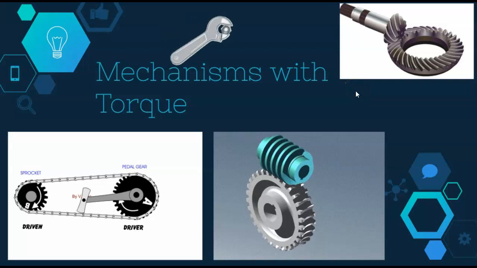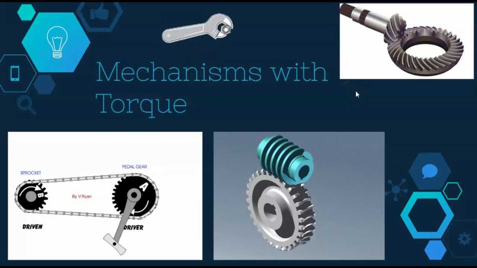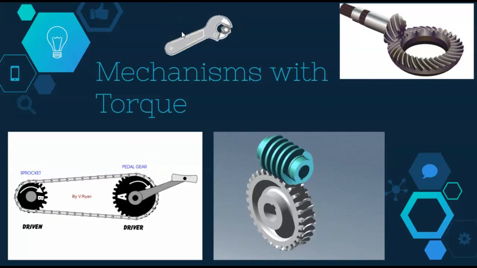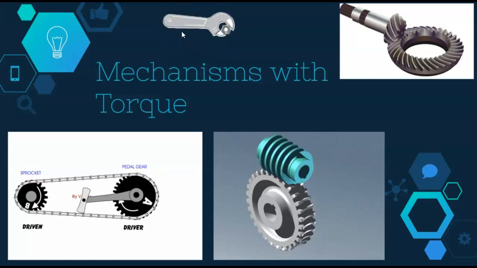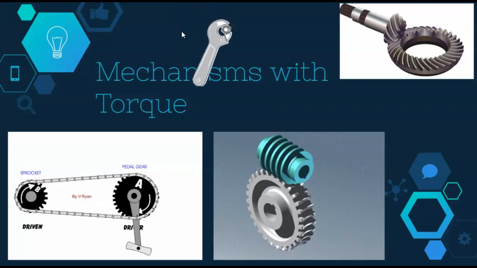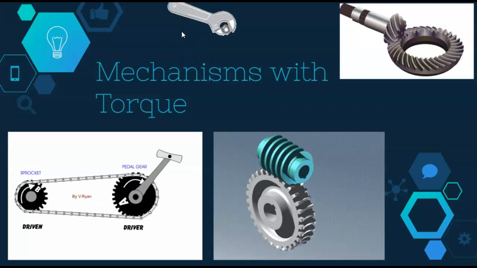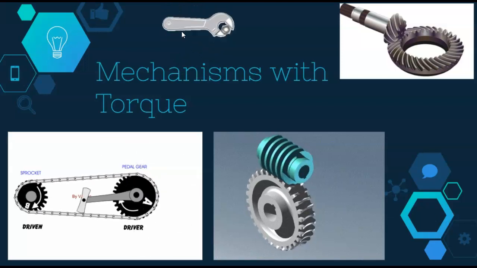And the most common place that you have definitely witnessed the amount of torque is when you've tried to use a wrench or a screwdriver to either pull a bolt or a screw out or put a bolt or a screw in. You have to apply torque to that in order to make it work.